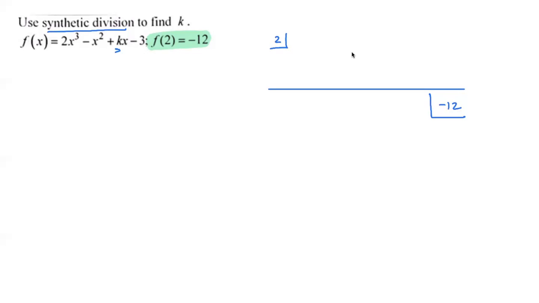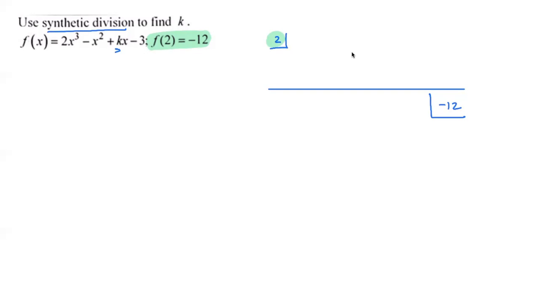Okay, so we need to find K. Now, before we start, let me tell you one mistake that some students made at the beginning of the problem. Because they didn't understand the meaning of the notation, they actually did not put 2 over here for the synthetic division. They put down negative 2 instead, which is not correct.